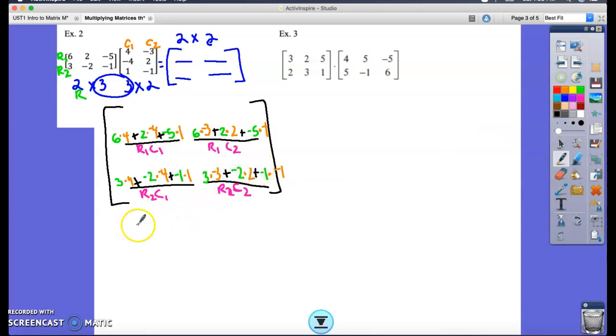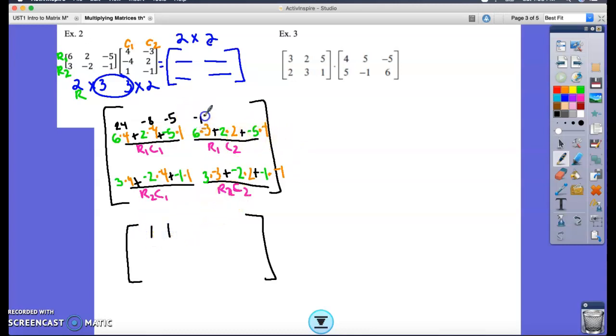Okay, so my final step is just the math. You're like, oh, I hope I got all these numbers right. So this is 24, -8, and -5. This will be -13, plus that will be 11.